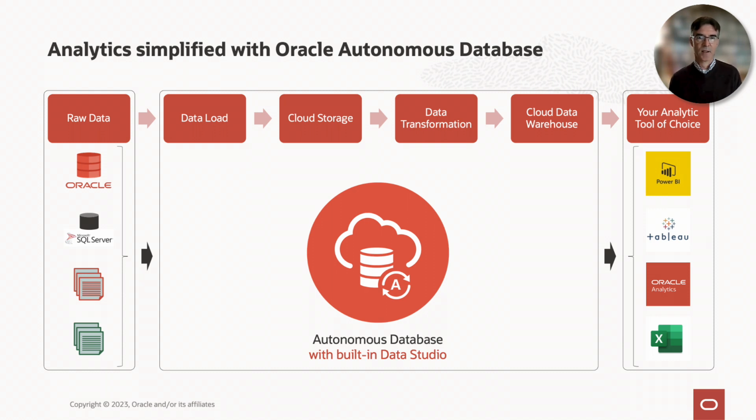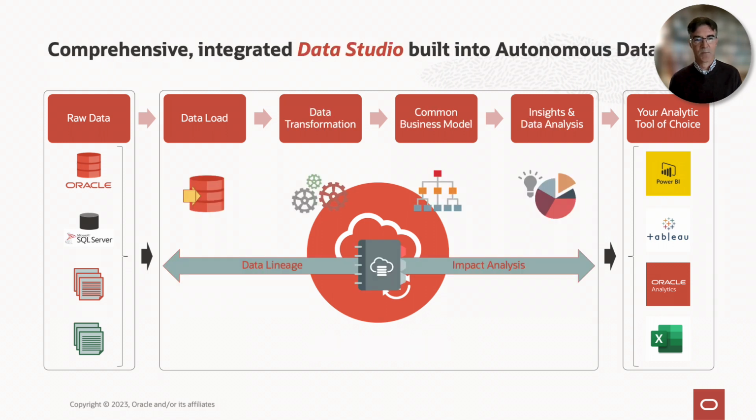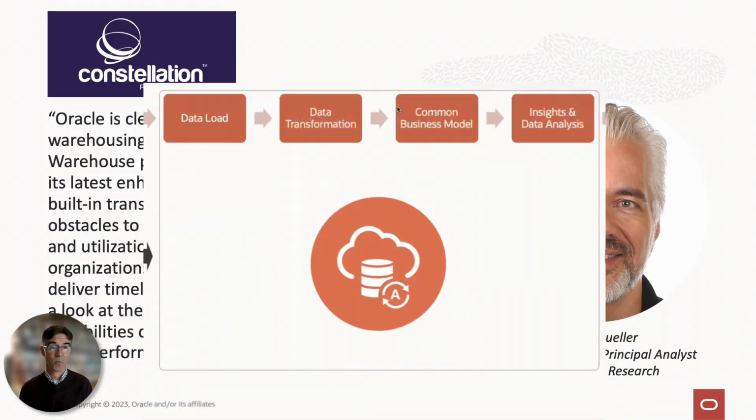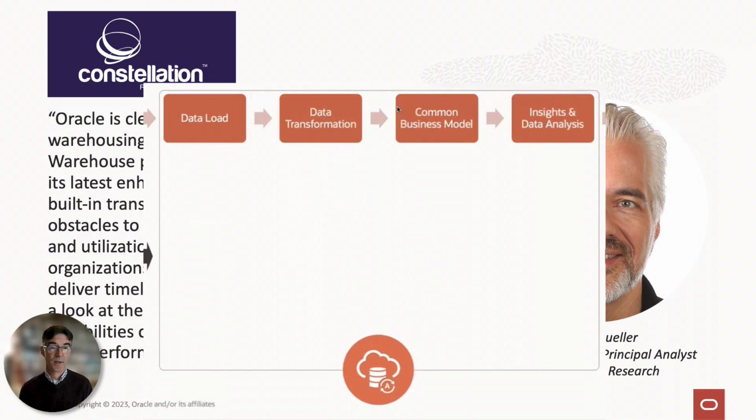So when we look at that complex analytics stack that we've just been talking about, that creates risk and represents hidden costs for the customers. The autonomous database differentiates itself very strongly with this built-in Data Studio. It's an integrated suite of tools to guide you all the way through the analytic workflow that we've been talking about. There's a tool for data load. There's a tool for data transformation. All of this is built in.